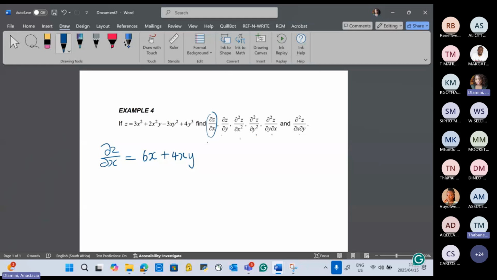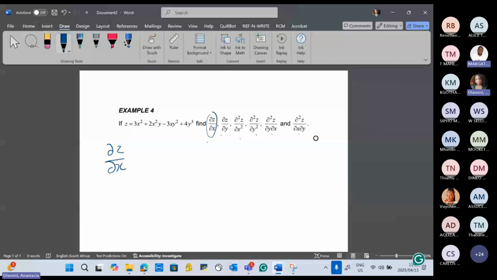Okay, look at this. This is how I'll say you do it. You understand when they say partial z over partial x, isn't it? So now they are telling you they want you to differentiate with respect to x.